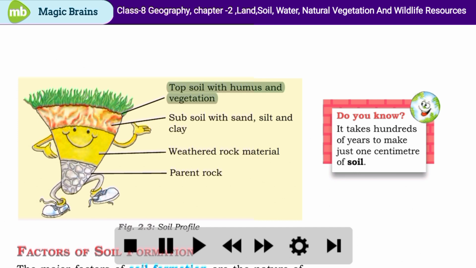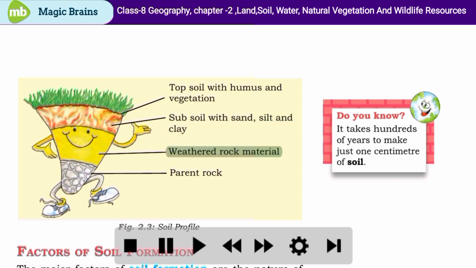Page number 11. On the page there is figure number 2.3 which depicts the soil profile. In the figure, the soil profile has been given. First layer of soil is parent rock. Second layer of soil is weathered rock material.